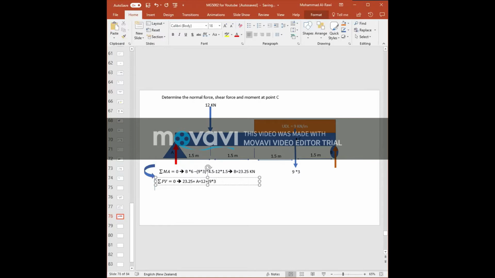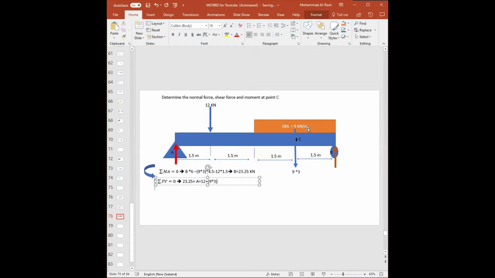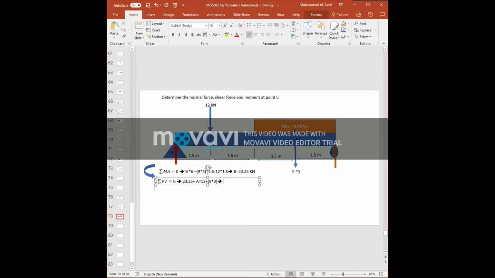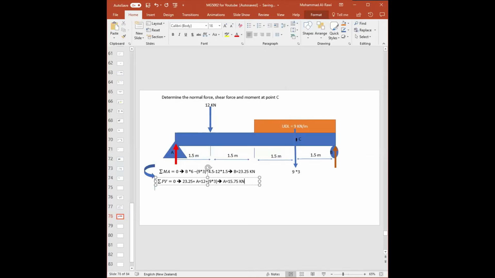Because I want you to see, guys, 9 is the UDL, 9 kilonewtons per meter, times 3 because it's covering about 3 meters, and I always take it at the center. Now, again, you rearrange this equation, and you end up with the support reaction at point A. A is equal to 15.75 kilonewtons.